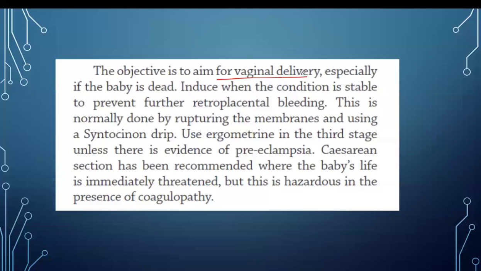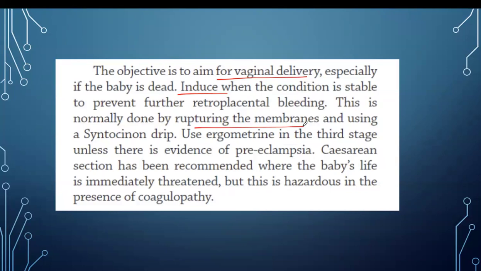Most of the time in abruptio placenta patients, the uterus is quite stimulated, and many times you will be able to do an induction of labor by rupturing the membrane. So the main thing is that if the baby is already dead, there is no point in doing a C-section. In that case, you will go for vaginal delivery and possibly an induction of labor by artificial rupture of membrane.